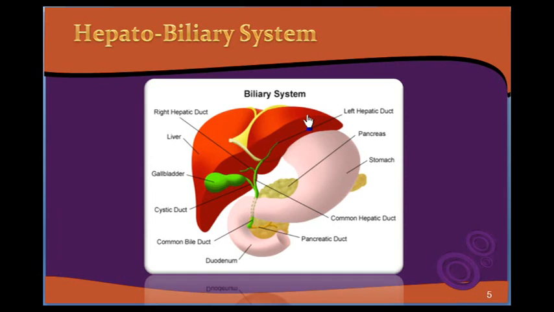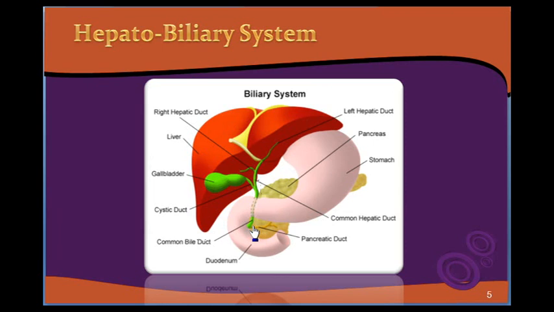We can see here the liver, the right lobe, the left lobe, and of course you see the right hepatic duct and the left hepatic duct, and the gallbladder here, the cystic duct carrying the bile from the gallbladder that joins the hepatic duct to form the common bile duct, and into the common bile duct the pancreatic duct also opens.